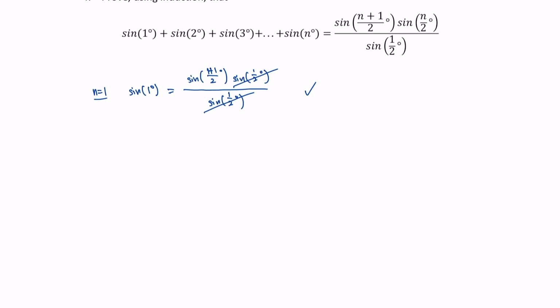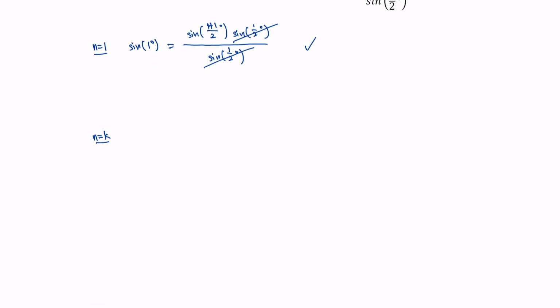So now let's prove the n equals k case. Well, not really prove, but we want to assume this is true for the kth case, right? So this means sine of 1 plus sine of 2 plus all the way up to sine of k degrees.